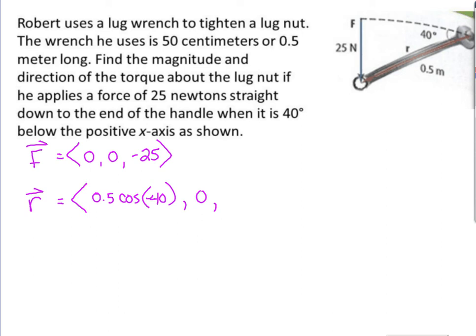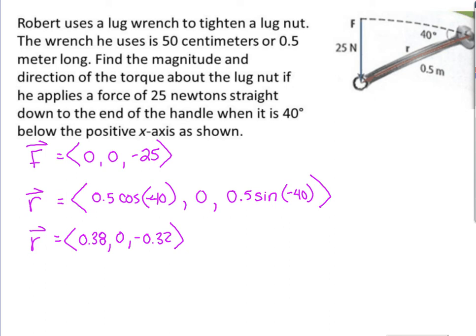And then we have 0.5 times the sine of negative 40. Again, this is negative because it is pushing down. Now, if we do these calculations, we are going to get that our vector r is equal to 0.38, 0, and negative 0.32. These values should make sense because it's in the direction of the positive x-axis, so our x value is positive, but it is going down, so that would be a negative 0.32.